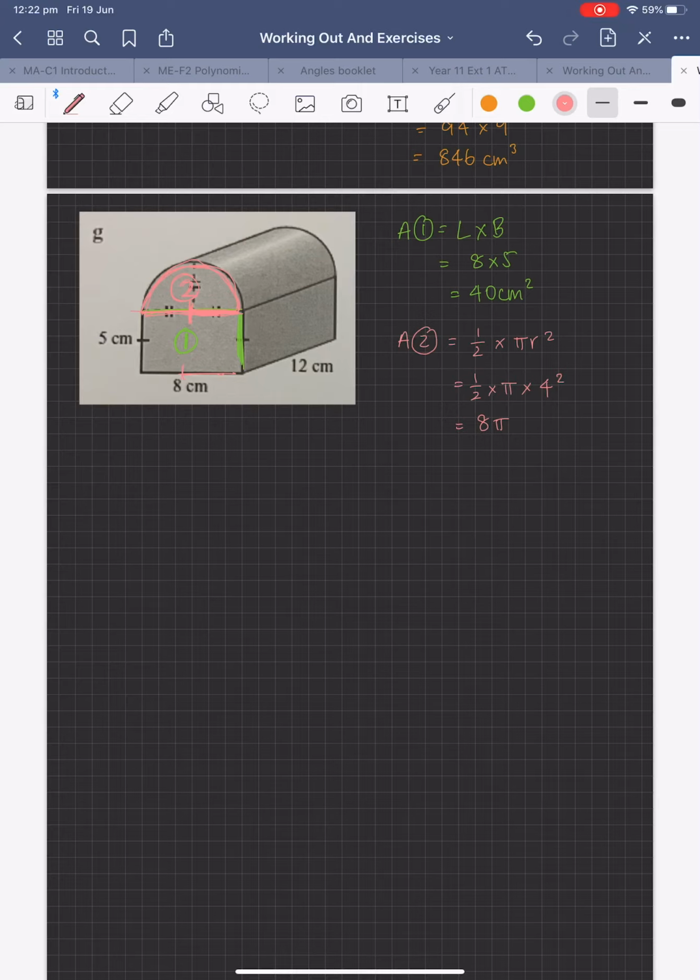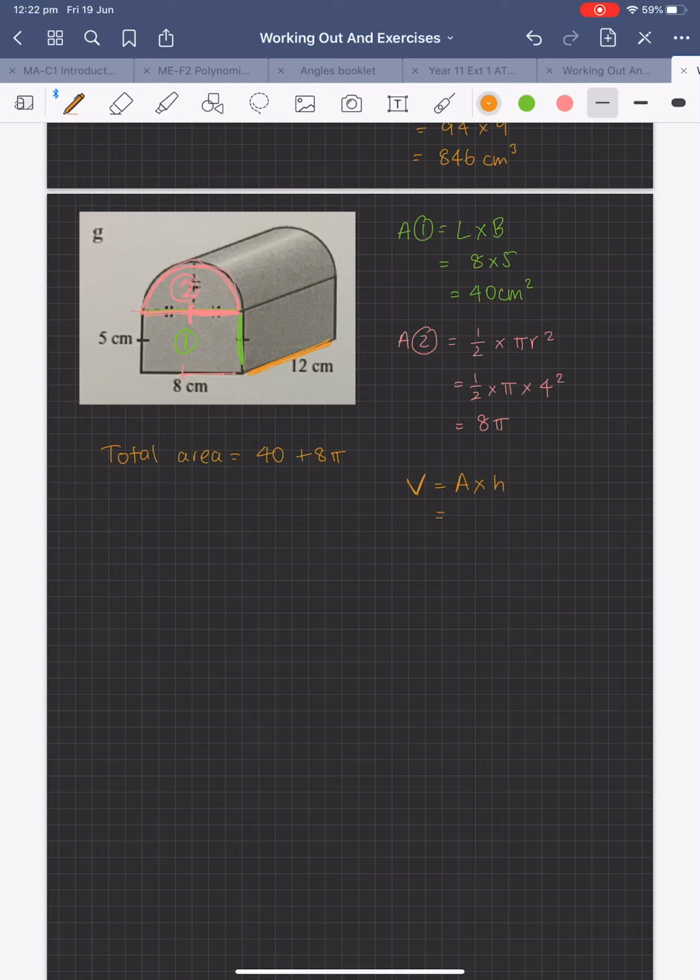That means my total area is 40, the rectangle, plus the semicircle, so 40 plus 8 pi. You can put that in your calculator and get a decimal approximation if you want. My volume is the area we just found times the height, how far the prism goes back.